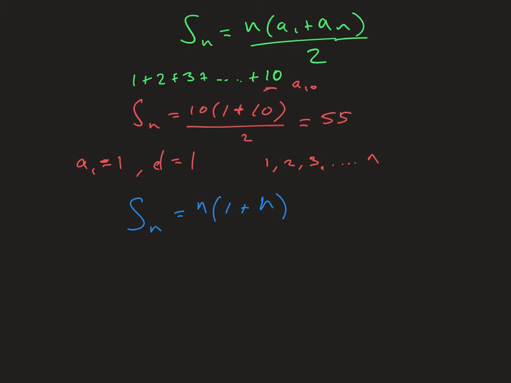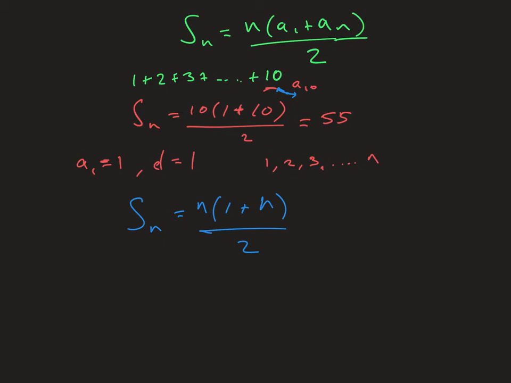Because remember here, a sub 10 equaled 10. So n equals a sub n divided by 2. And that's it.